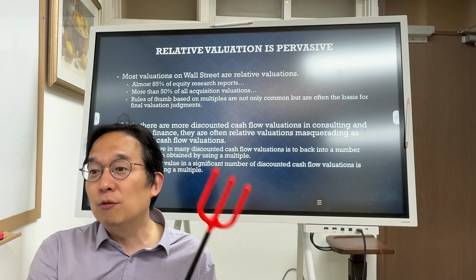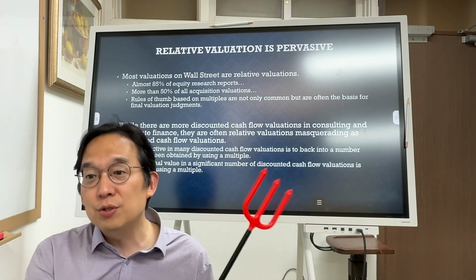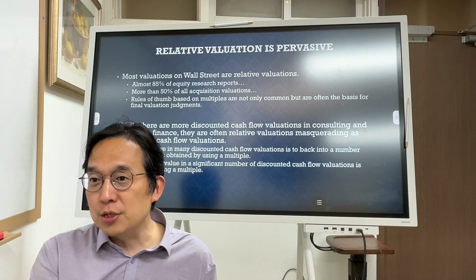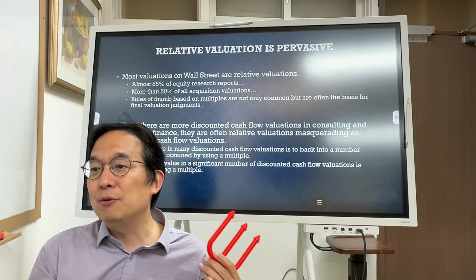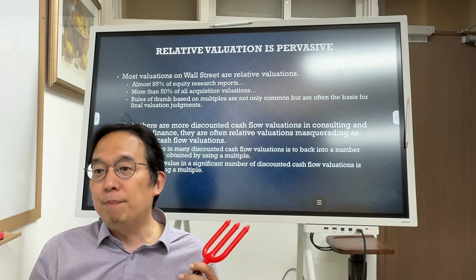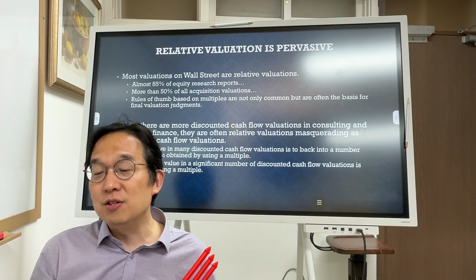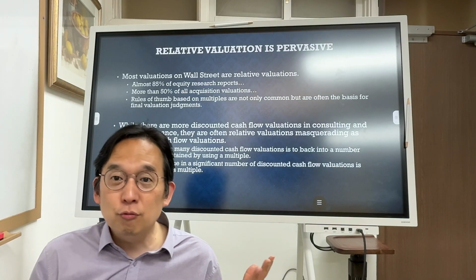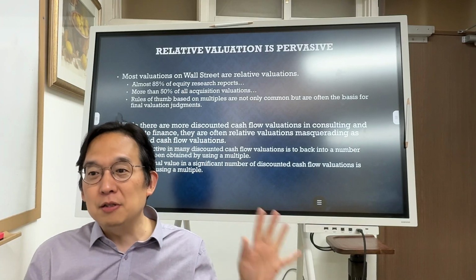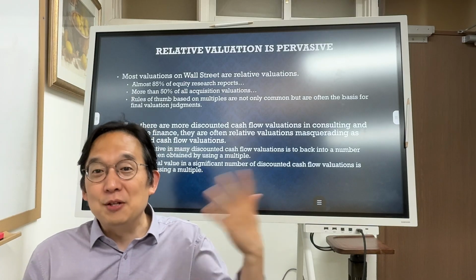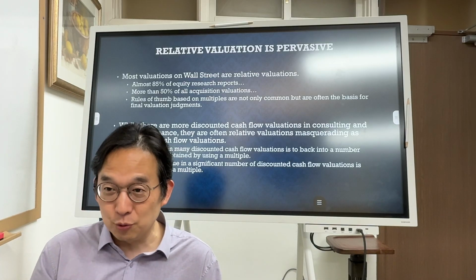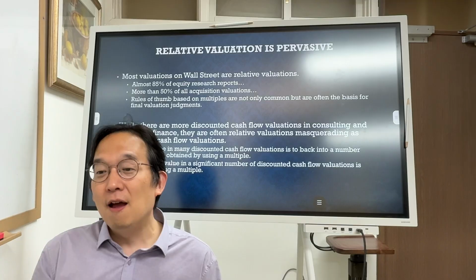More than 50% of all acquisition valuations use relative valuation. Rules of thumb based on multiples are not only common, but are often the basis for the final valuation judgment. It's easy to do with your fingers and things like that. So quite convincingly it's being used. Convenience, right?